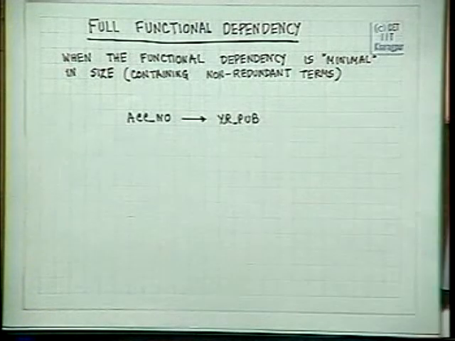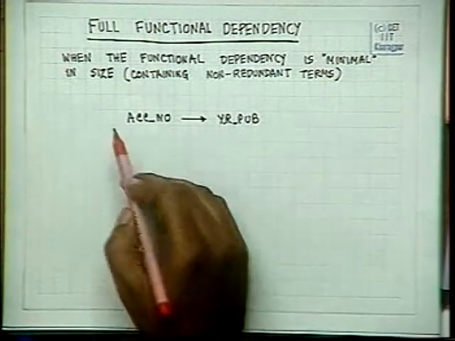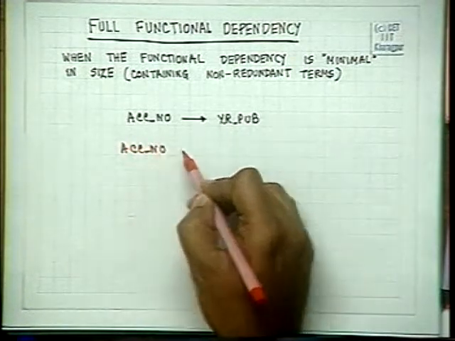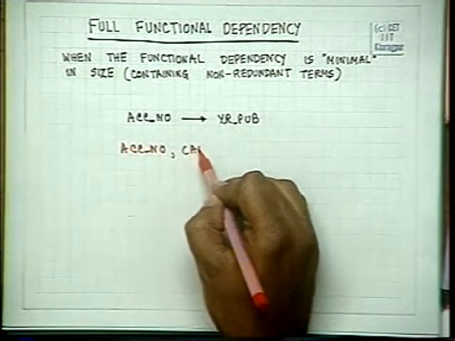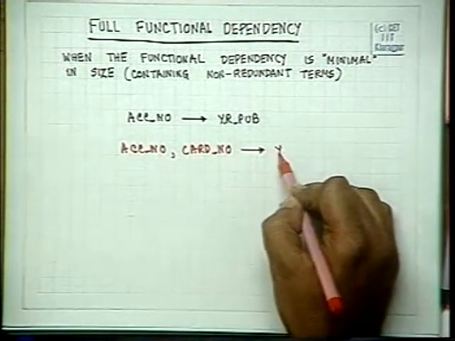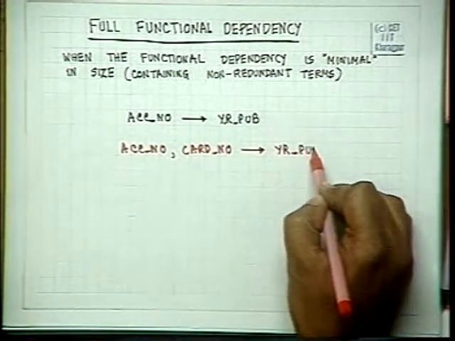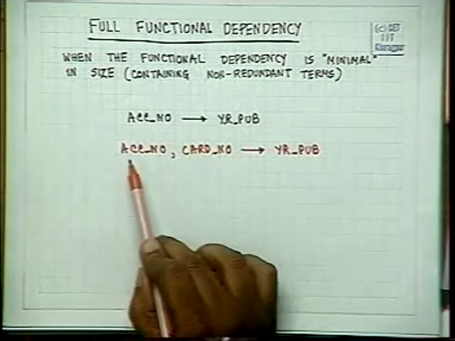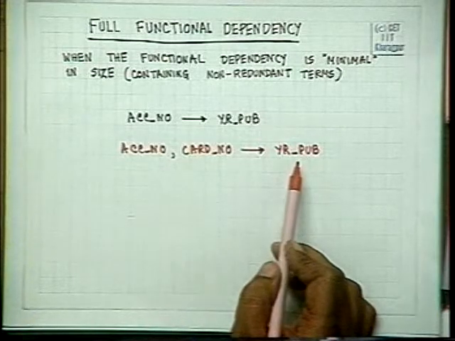We could also have written down, since this one holds, we can also write down accession number. Now the point is, where does this hold?